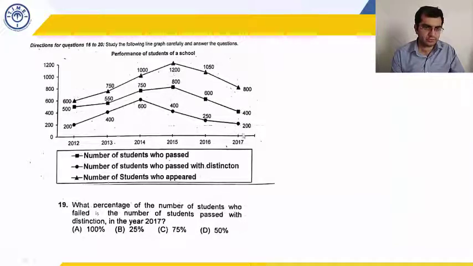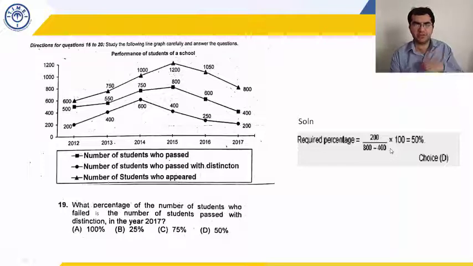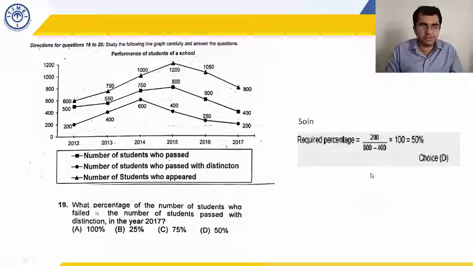The number of students who passed with distinction is 200. That's the numerator. And the number of students who failed is 800 minus 400, that is 400. That's the denominator. So my answer should be 200 divided by 800 minus 400, into 100. That is 50%. Option number D.